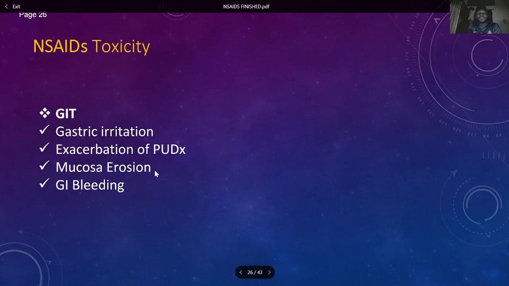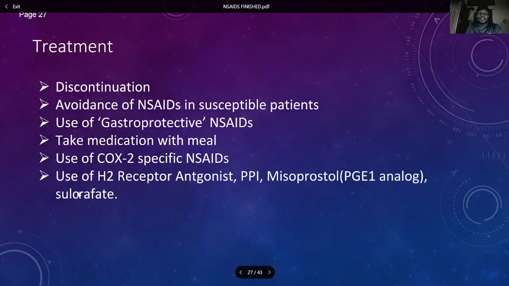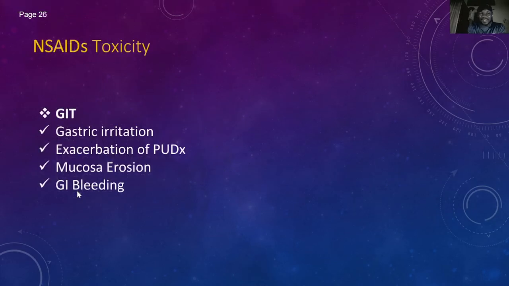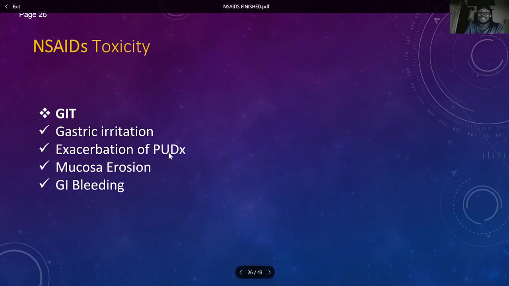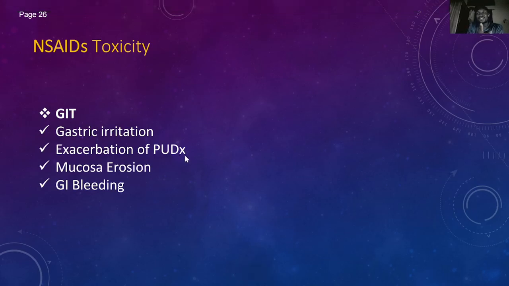I'm so sorry. So, now mucosal erosion, then GI bleeding, of course, right? Now, exacerbation of PUD, that's peptic ulcer disease. This is so important. You need to know this. The reason is that if a patient comes to you with peptic ulcer disease and you give that patient an NSAID, you could understand this.